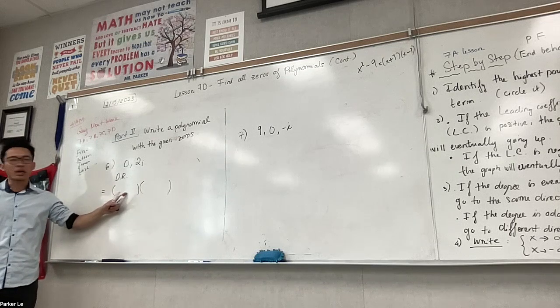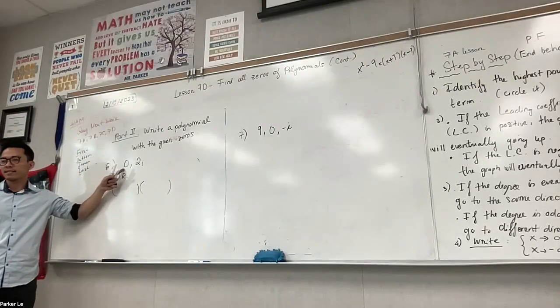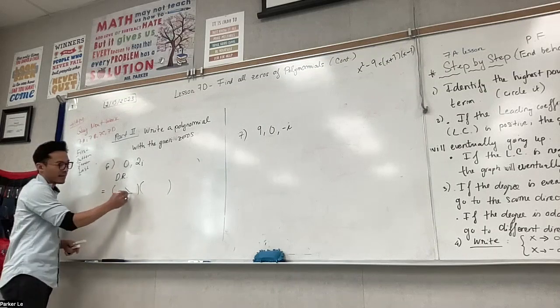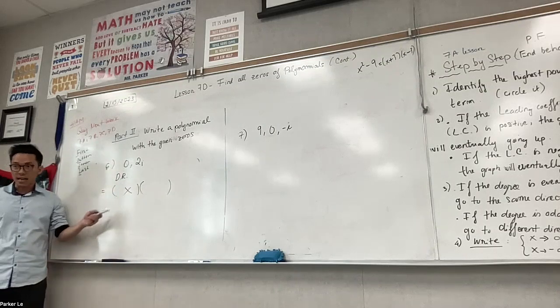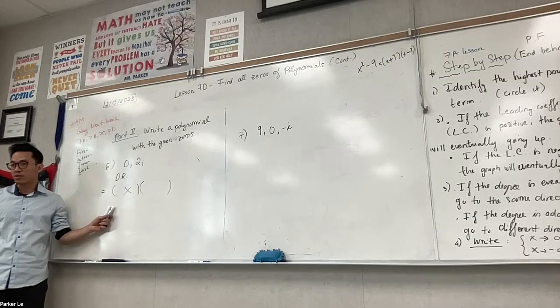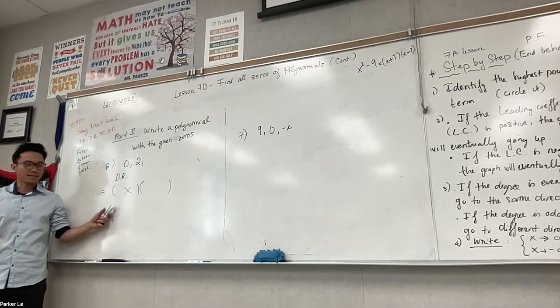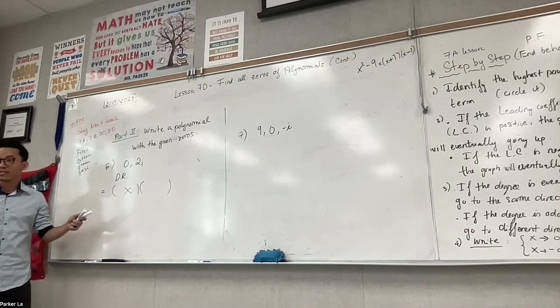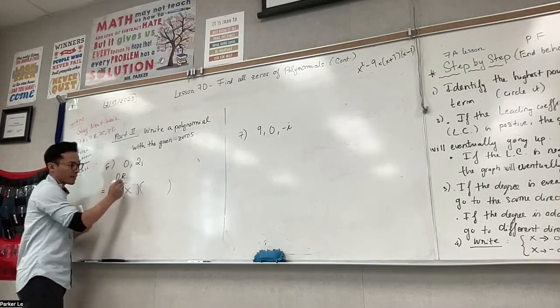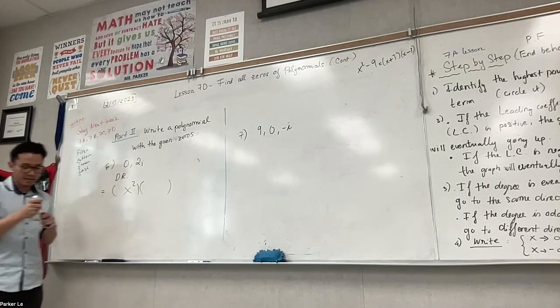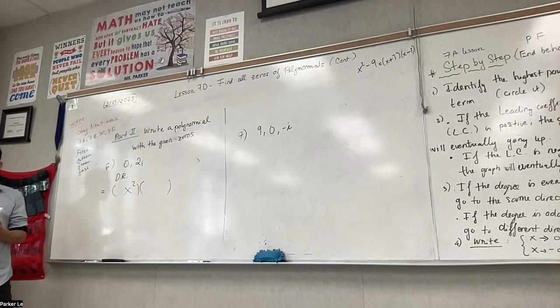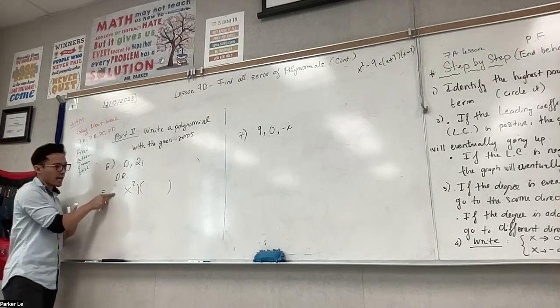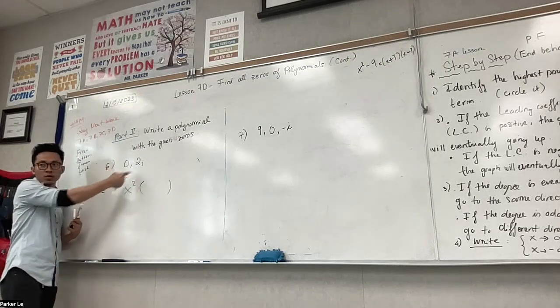Just X, because X is going to give you 0 as the solution, right? But there's a double root. What does it mean? The outside is square, so this is your x squared. It's not outside, but I just put that so you know that there are two solutions.